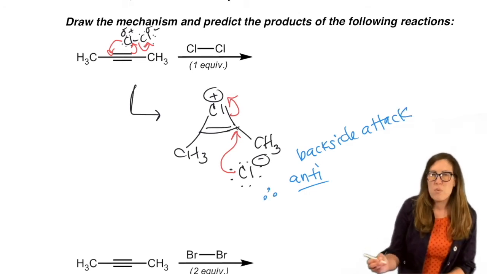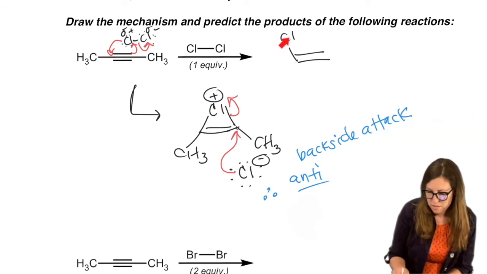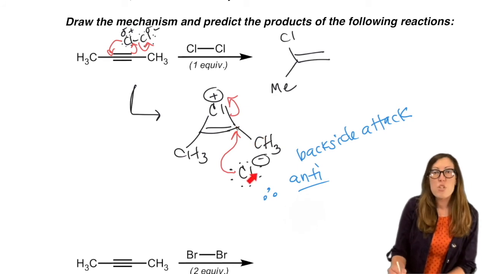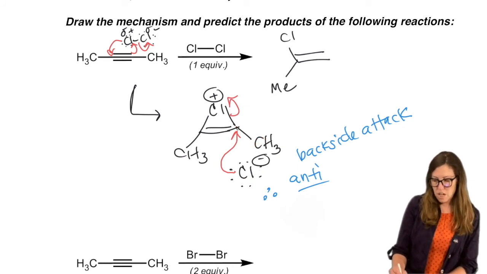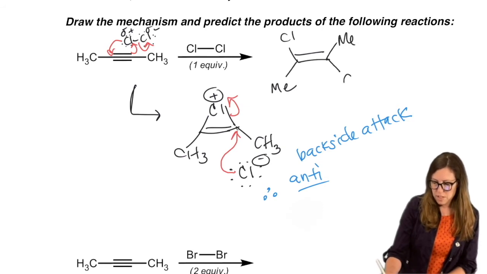What does that mean when we still have a pi bond left? So notice the chlorine, this guy that was the first chlorine on, winds up here. We still have a methyl. The methyl is above the new chlorine, so it gets pushed up to the top to make space for that new chlorine.